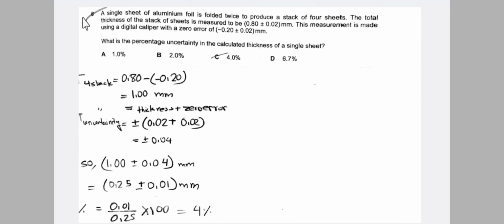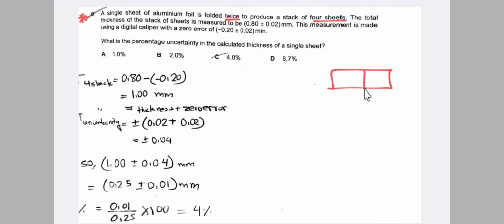In question number 6, this is an important question, so I have marked this with an asterisk sign. A single sheet of aluminum foil is folded twice to form a stack of 4 sheets. That is, initially it was a single sheet, then it is folded twice.